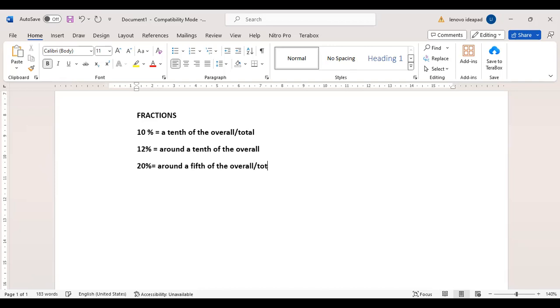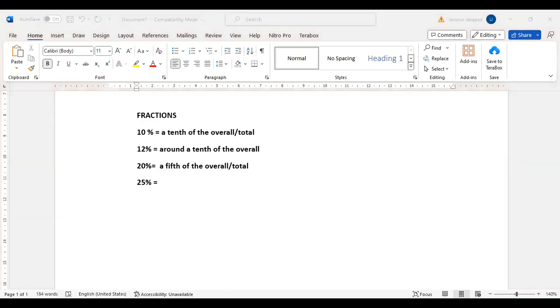If it's 25%, what is the fraction of 25? If 20 is a fifth, 25 is... anyone? Very good.